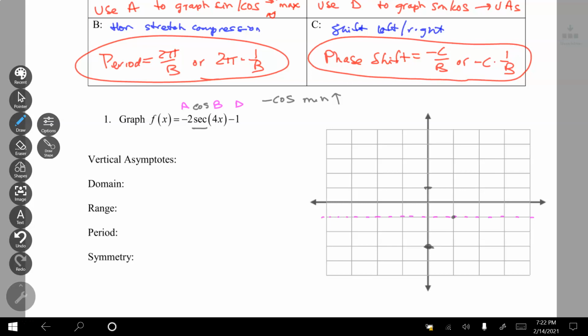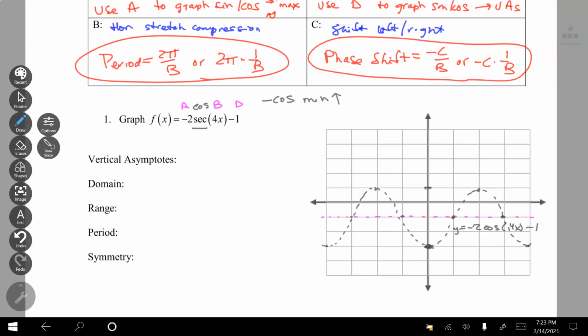I'm going to draw my little cosine graph. And here is my cosine graph that I'm drawing. Because I'm really drawing y equals negative 2 cosine of 4x minus 1.